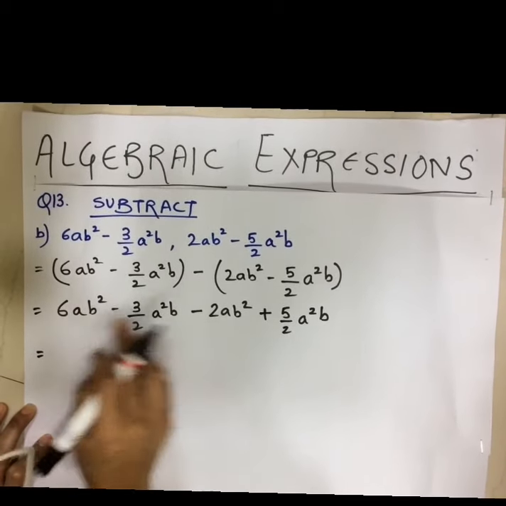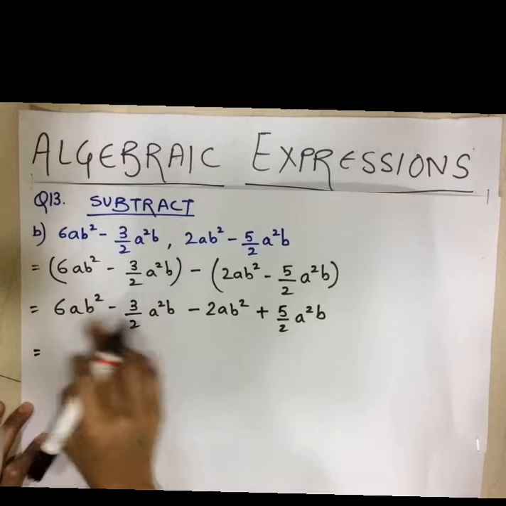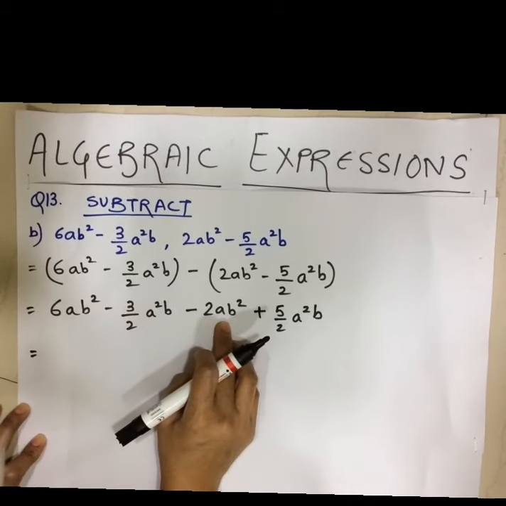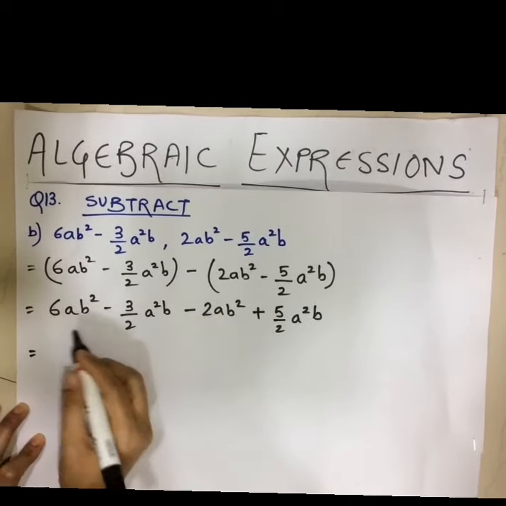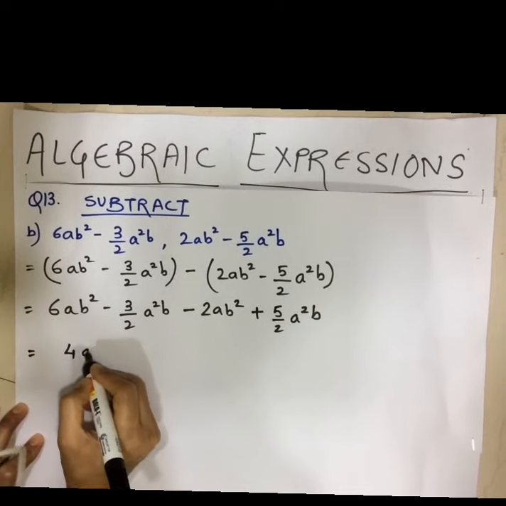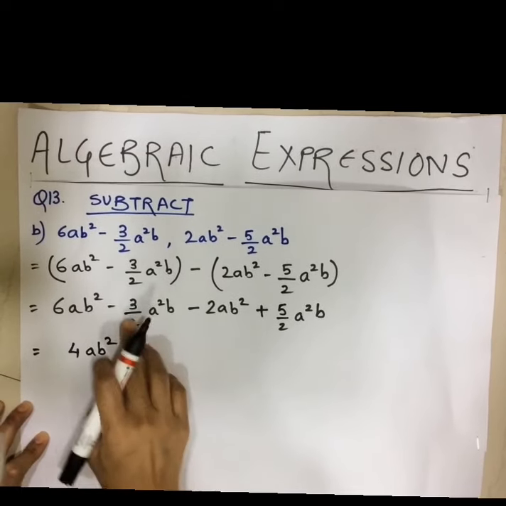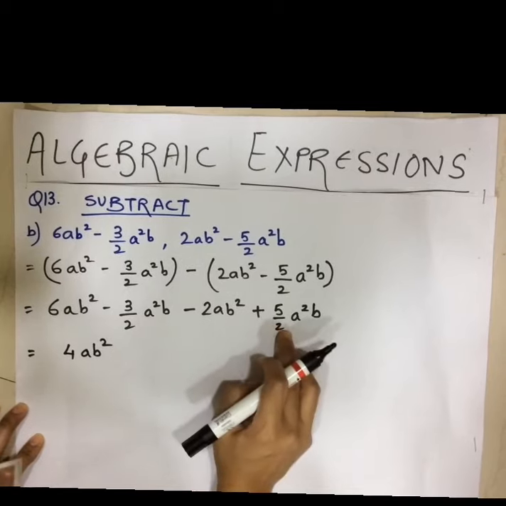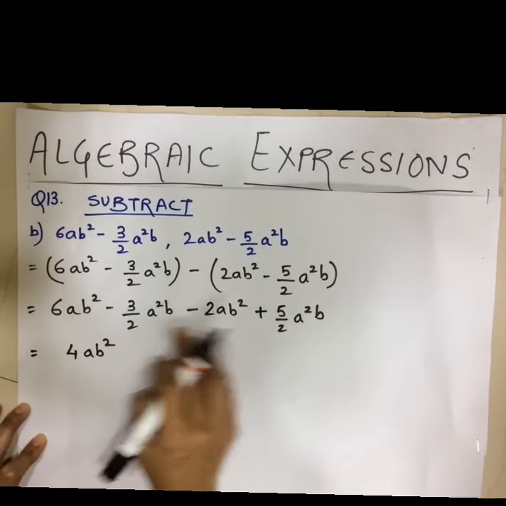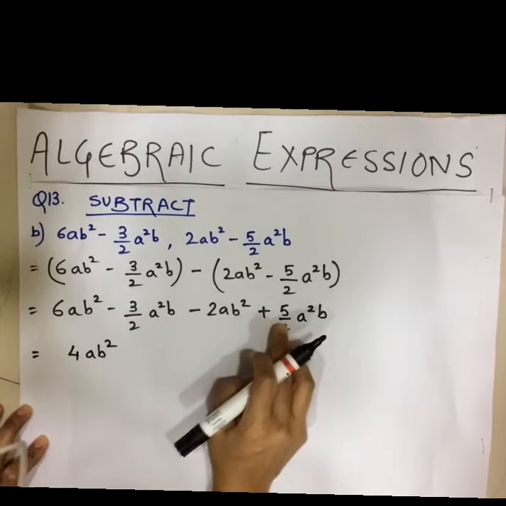So now we are going to solve all this. We are going to check the similar variables, 6ab square and 2ab square. So 6 minus 2 gives us 4ab square, and minus 3 by 2a square b plus 5 by 2a square b. Since the denominators are same, we can just directly solve it.